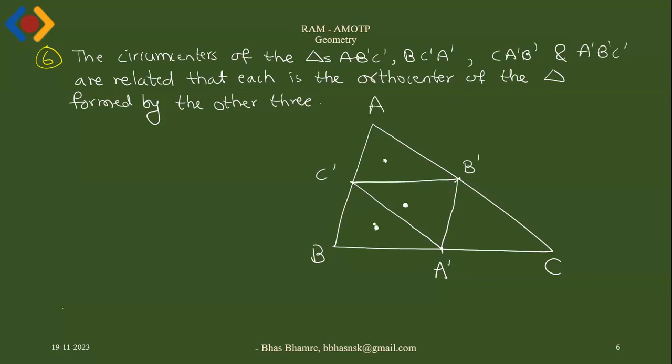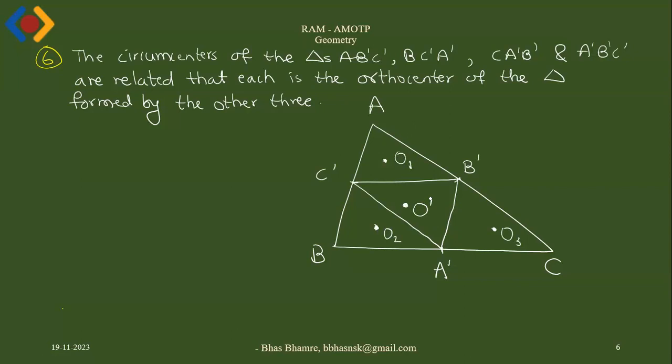It's here. And it is here. So these circumcenters, suppose I call them O1, O2, O3, and I call this one O prime because it is for the special triangle A prime, B prime, C prime.